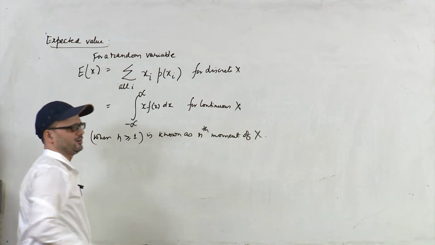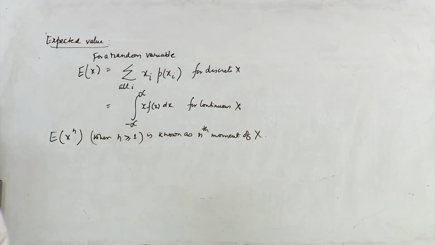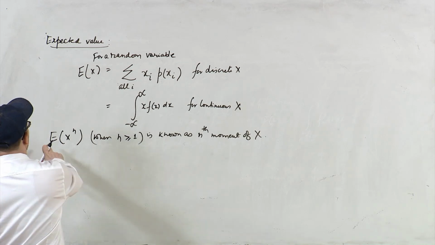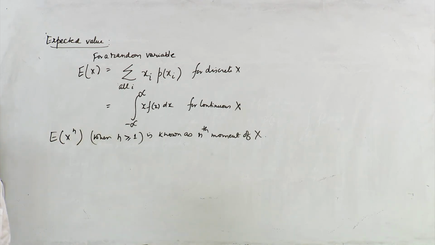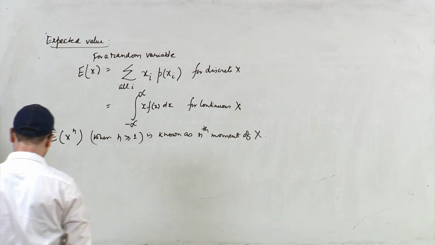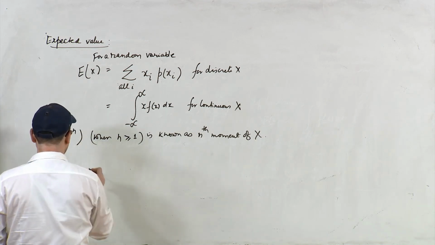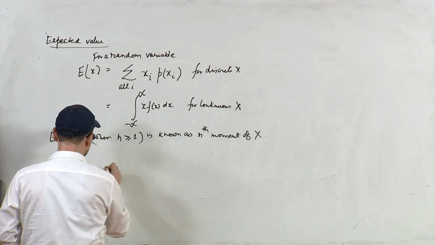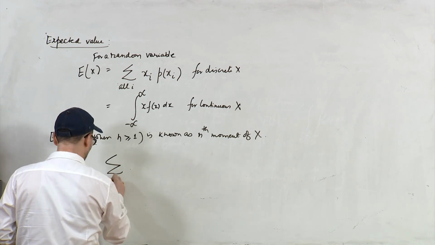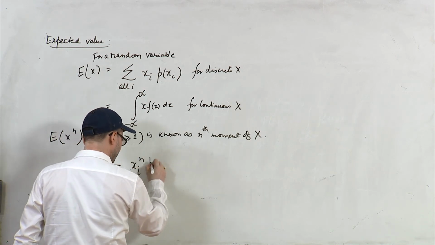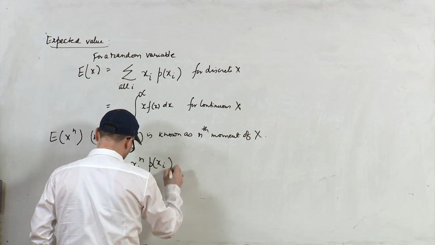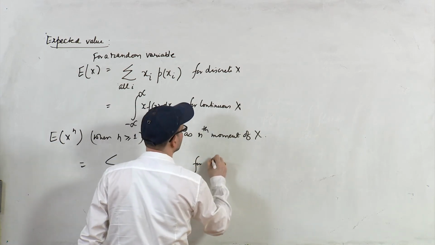So, this is the first moment of x. If we take the expected value of x square, it is nothing but the second moment of x, and this is calculated as summation for all i of x_i^n p(x_i) for discrete x.